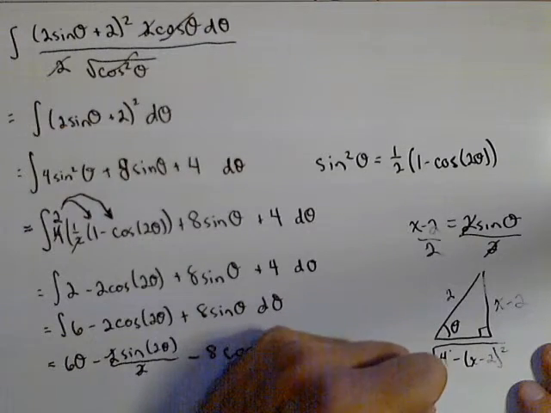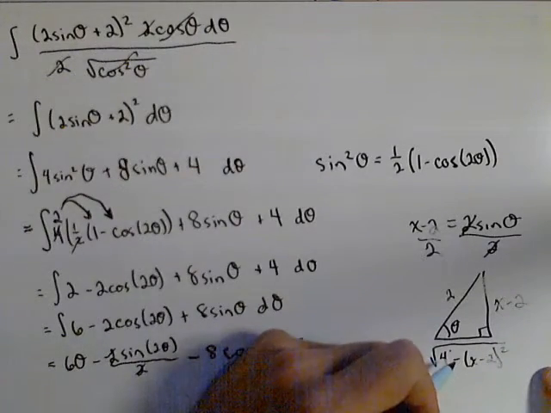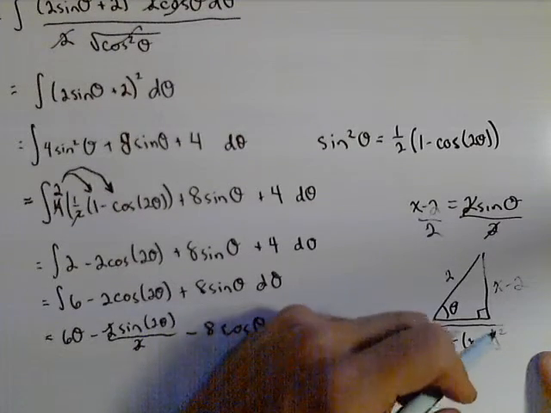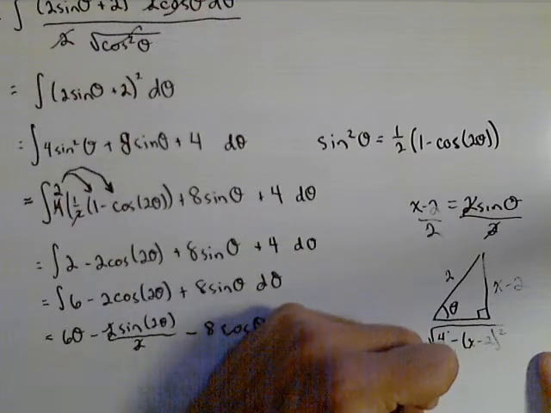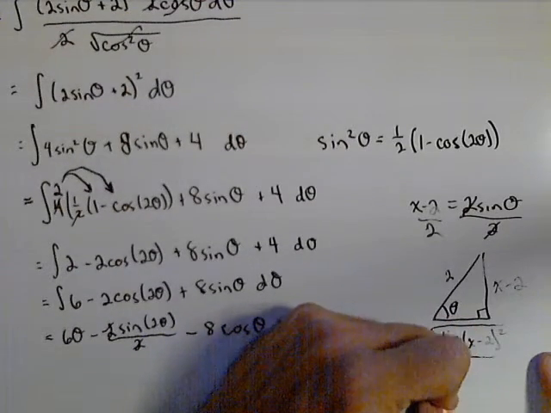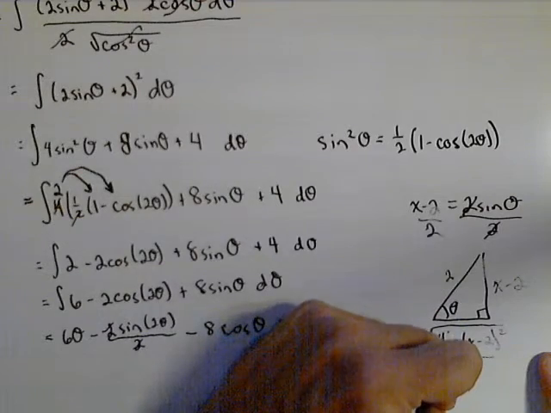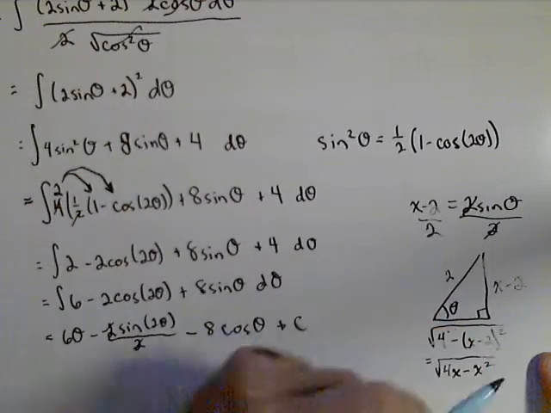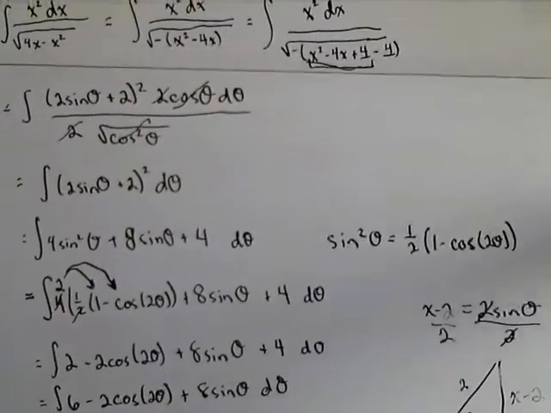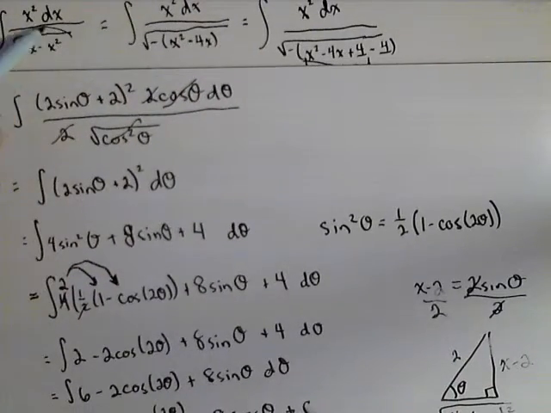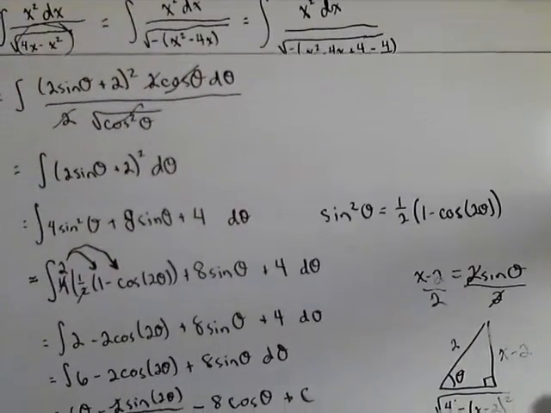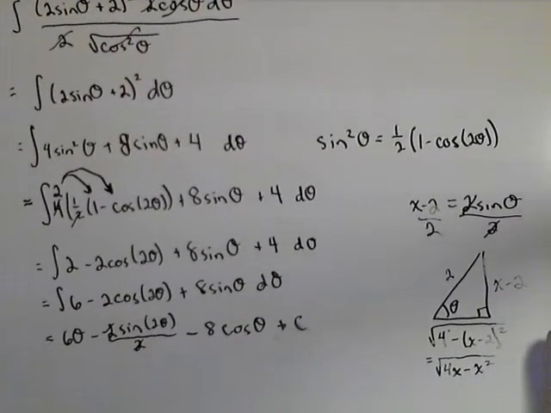squared, which if you simplify, interestingly enough, becomes the square root of 4x minus x squared. That should look familiar from our initial problem. That happens quite often with trig substitutions. Okay.